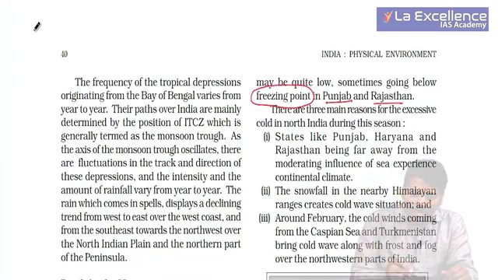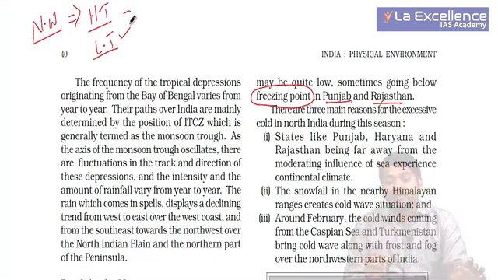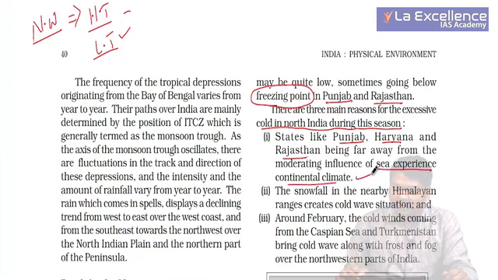You have seen the northwestern part of India receives the highest temperature, and the northwest also receives the lowest temperature when compared to other parts of the country. There are 3 main reasons for the excessive cold in North India during this season. One, states like Punjab, Haryana, Rajasthan being far away from the sea experience a continental climate.